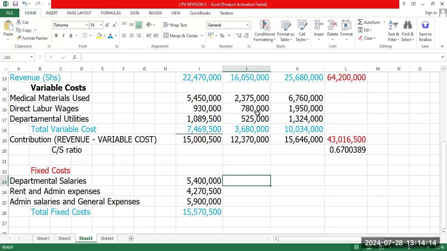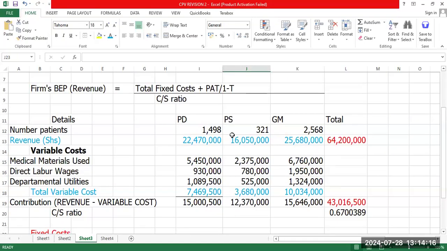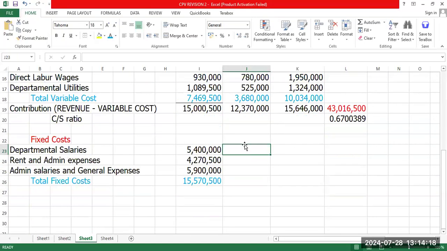Then for this department, that is PS, departmental salaries, it is 6 million. Then here it is 4,270. No, here it is 500. Then here it is 5.9.